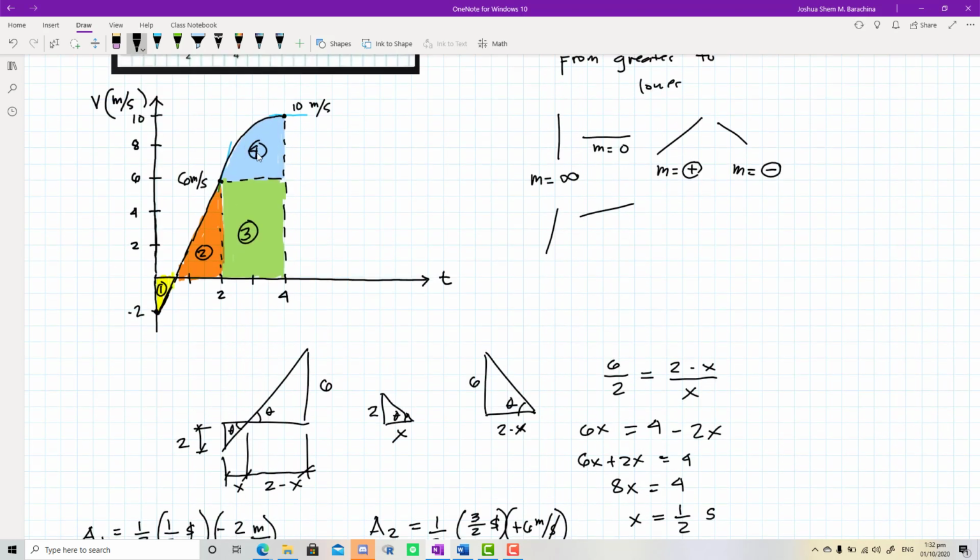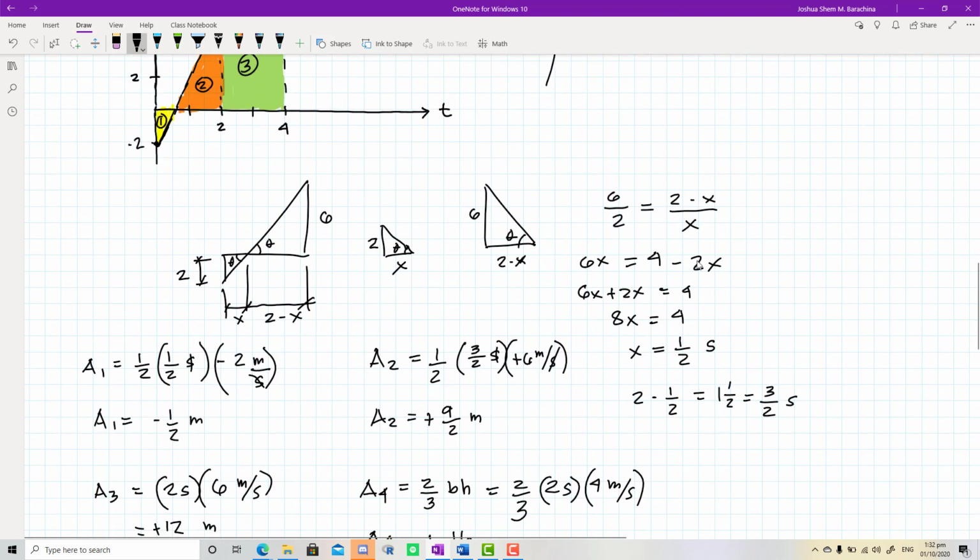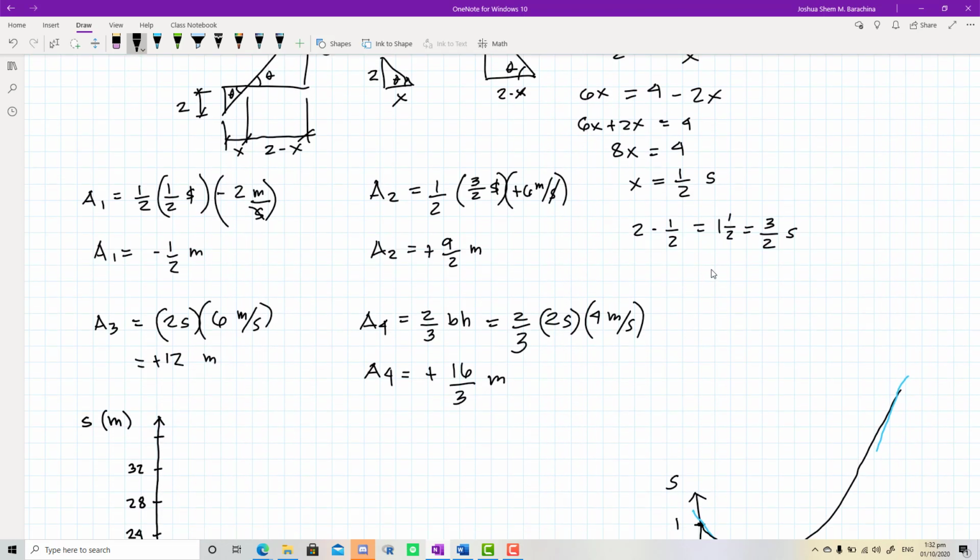And then, we will add the areas 3 and 4 because they belong to the same region. Area 3 plus area 4 is equal to positive 12 plus 16 over 3. This would be equal to 52 over 3 or positive 17.33.